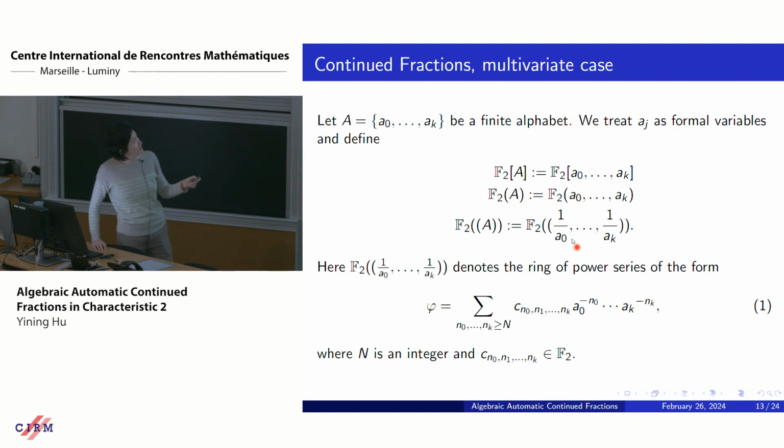So we have this notation for the multivariate polynomial ring, the multivariate fraction field, and then the ring of formal power series. There is something that we should be careful about: when we have only one variable, this thing is a field. But when we have more than one variable, it is no longer a field, it is only a ring.